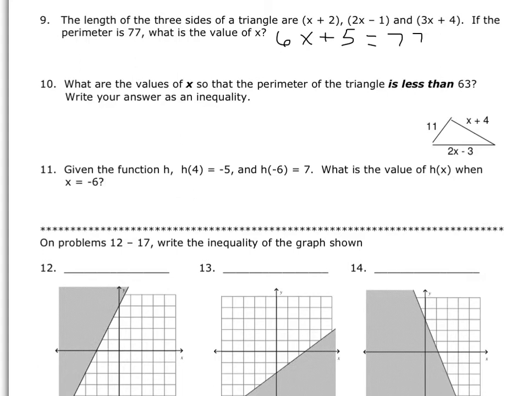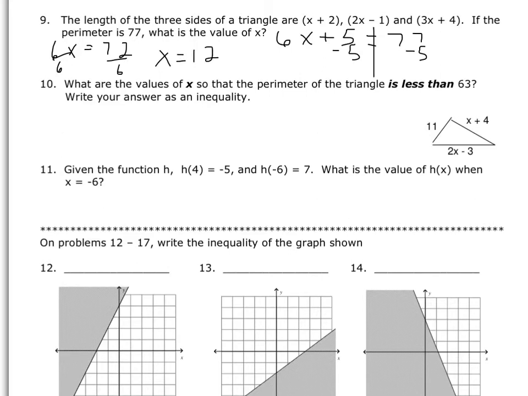Okay, solve for x. So minus 5, and we get 6x equals 72. I'll write that over here. 6x equals 72. And then we're going to divide by 6, and we get x equals 12.